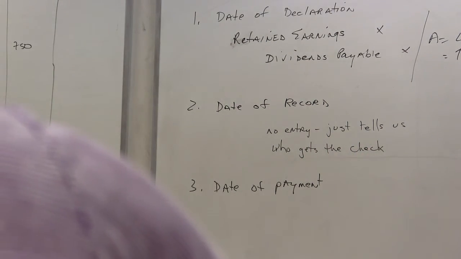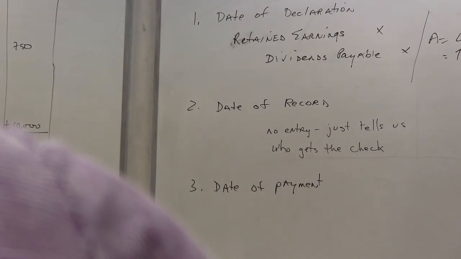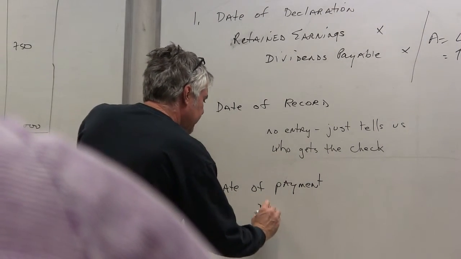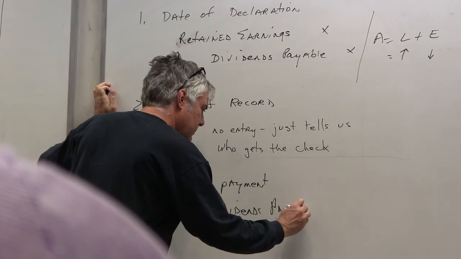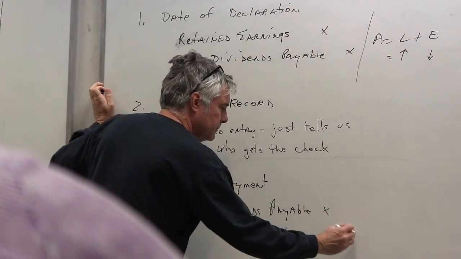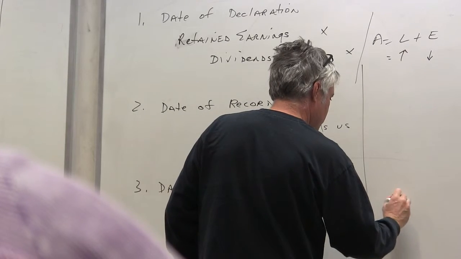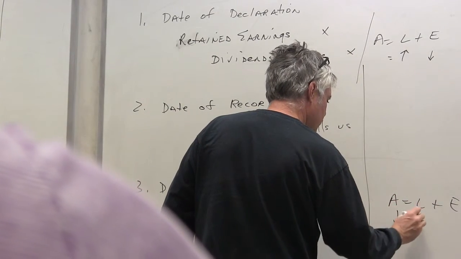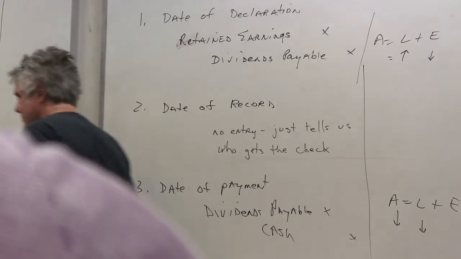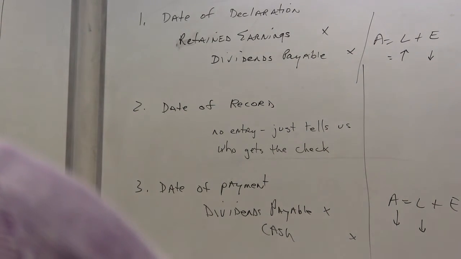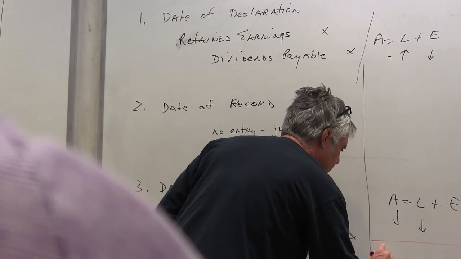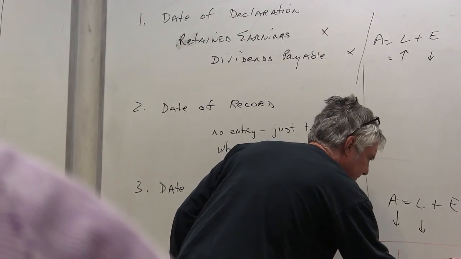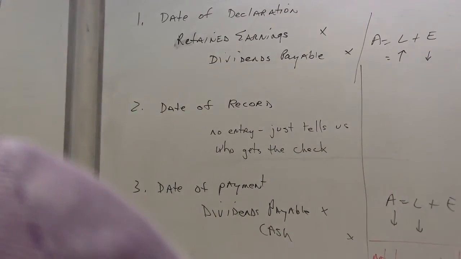It just tells us who gets the check. And on the payment, we debit dividends payable and credit cash. So the net effect of those two entries is to decrease assets.